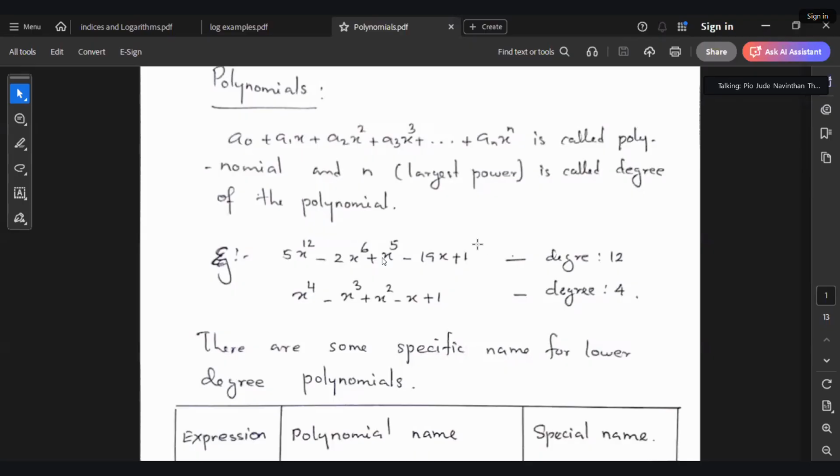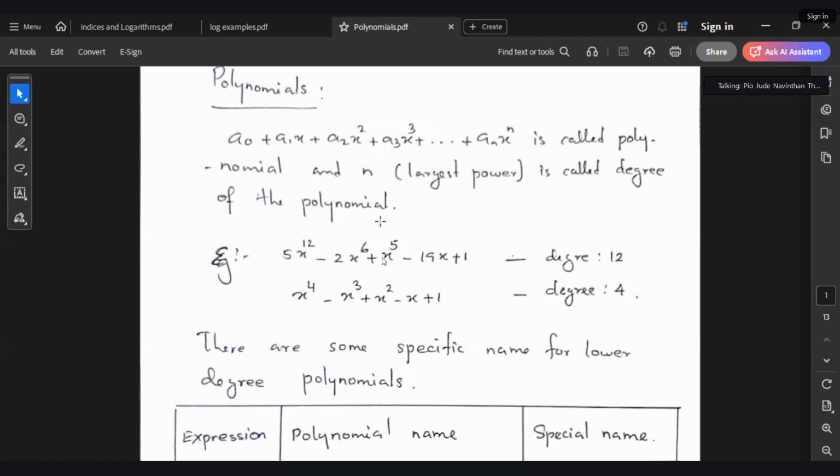So you just have to go through each element and check what the power is. Then you can identify the highest power, and you can say this is a polynomial of that degree. Here we can see powers 0, 1, 5, 6, 12, therefore degree 12.